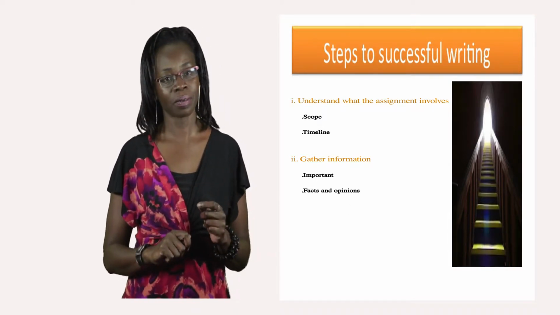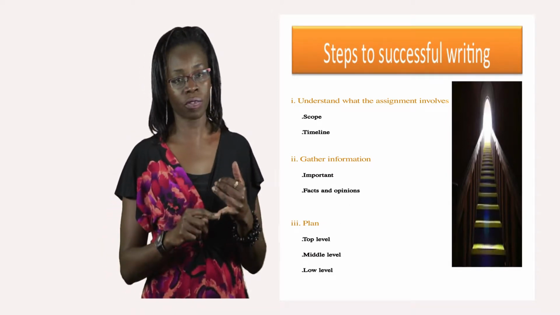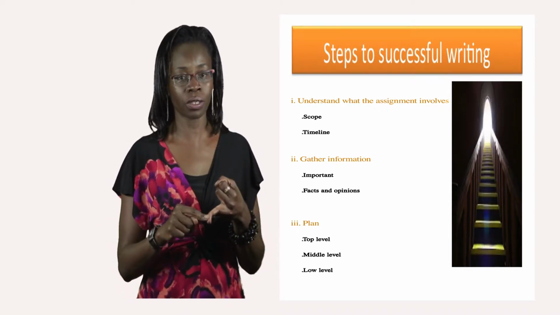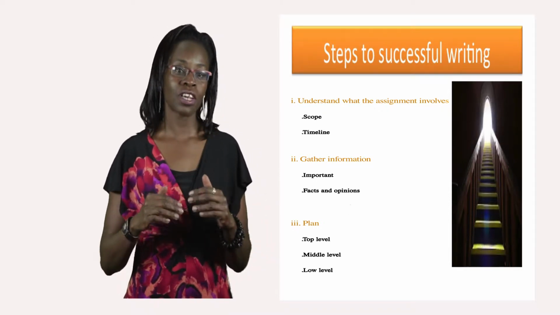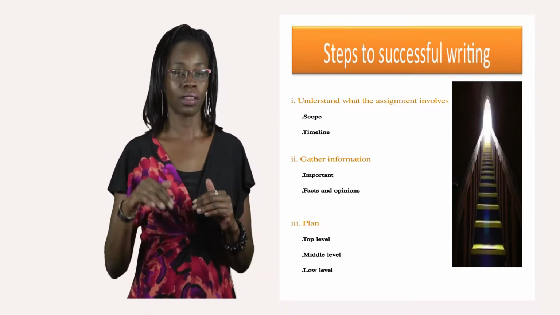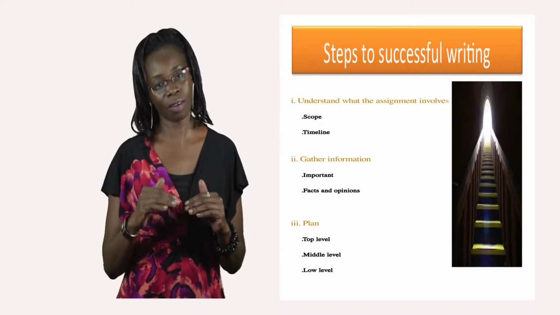The third is plan. Now that you know what the assignment involves, now that you know how to gather your information, how do you write? You have to plan. And planning has 3 levels. There's the top level, there's the middle level, and there's the lower level.